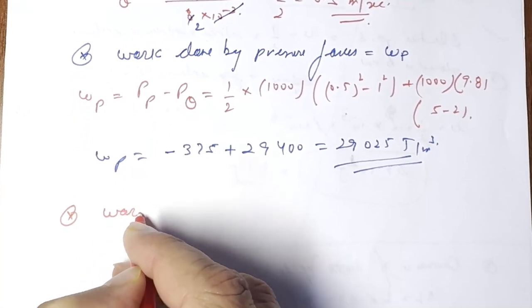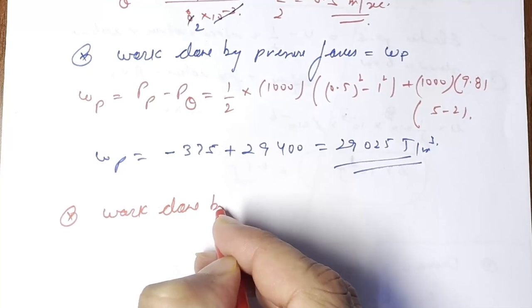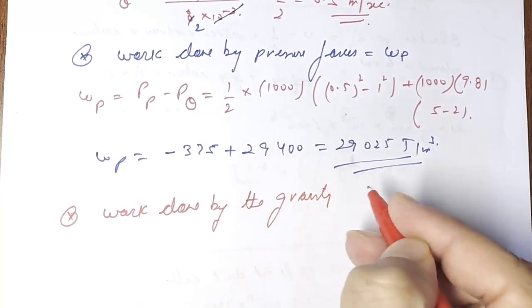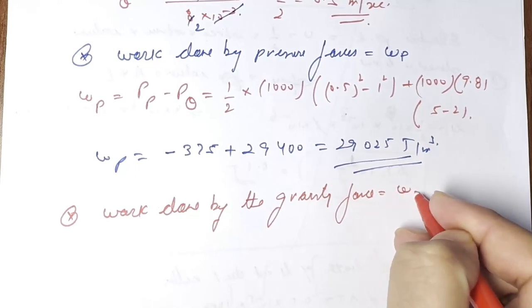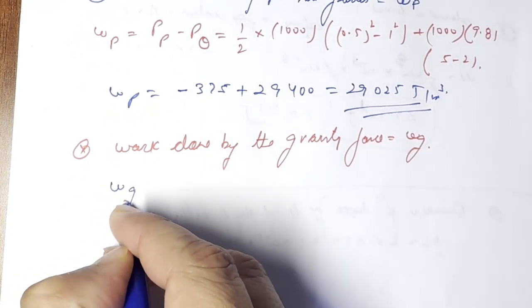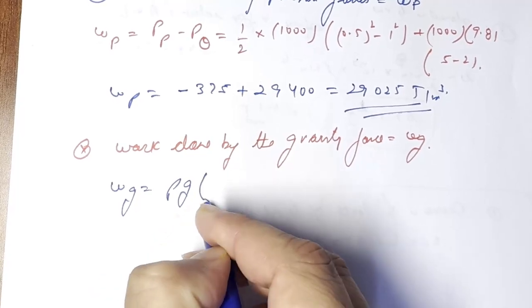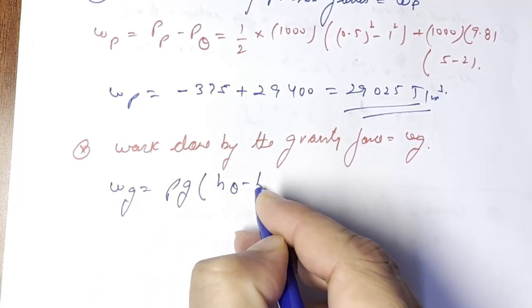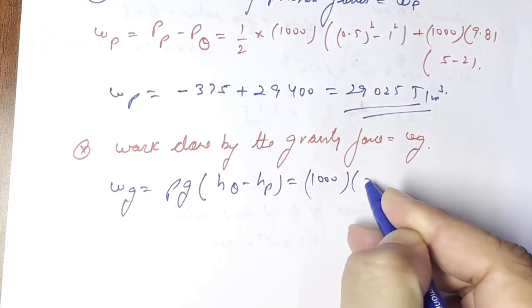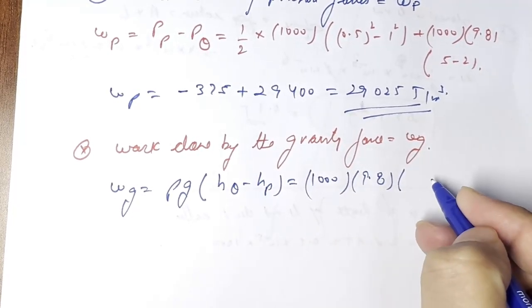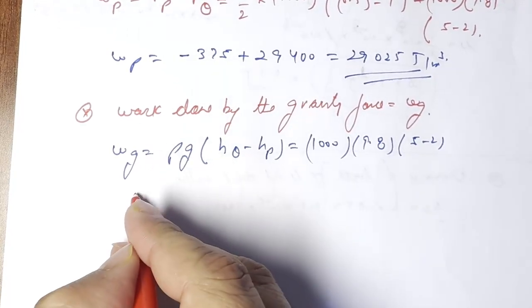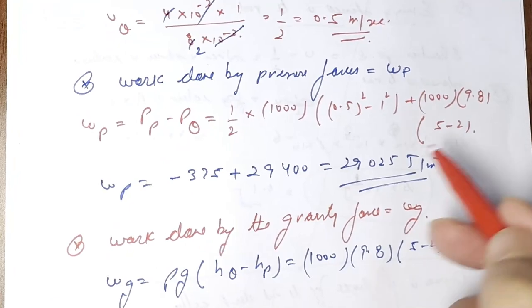We can say work done by the gravity forces, let us call that Wg, and this Wg will be equal to rho g, and we have height of Q minus height of P. Rho is taken as 1000, and we have 9.8, and here we have 5 minus 2, and this gives us that Wg, which we just calculated here also.